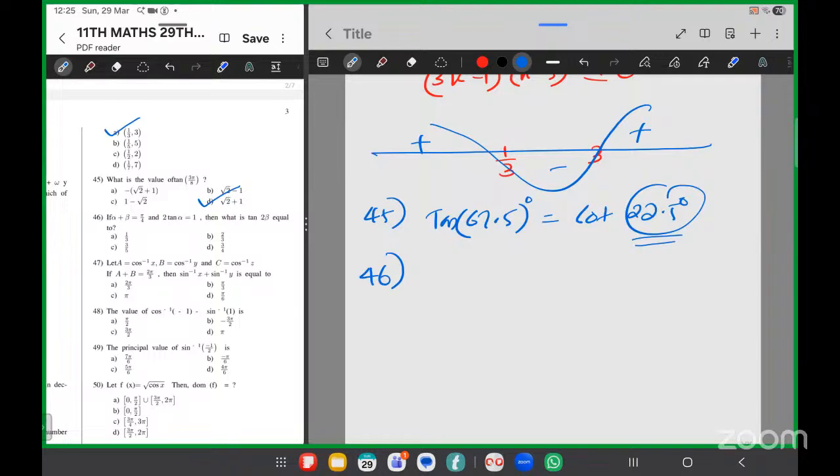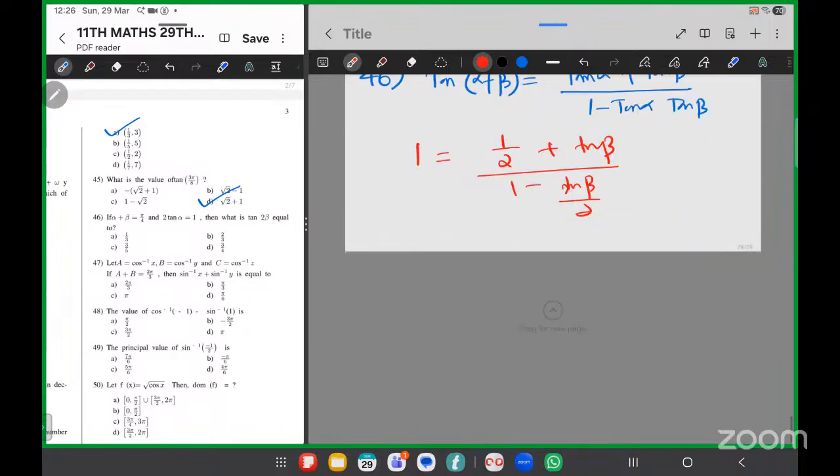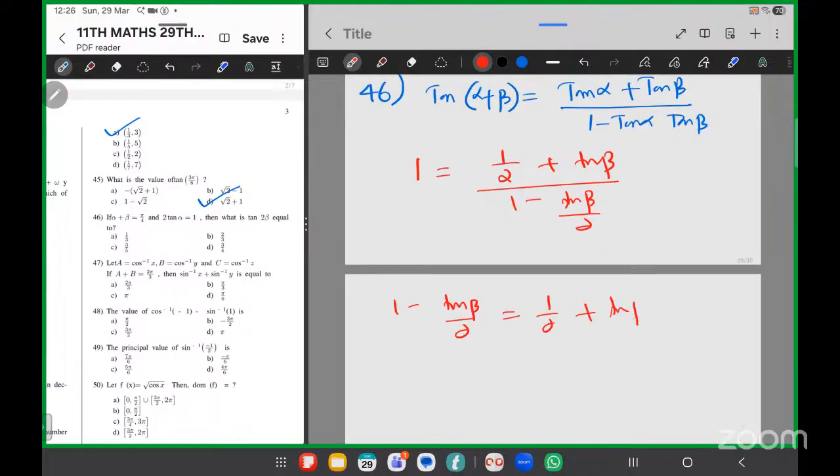Tan of alpha plus beta is (tan alpha plus tan beta) divided by (1 minus tan alpha tan beta), so 1 equals (1 by 2 plus tan beta) divided by (1 minus 1 by 2 tan beta). 1 minus 1 by 2 tan beta... so 1 by 2 plus 1 by 2 tan beta... that is 3 by 2 tan beta equal to 1 by 2. So tan beta equal to 1 by 3. The question is not tan beta, but tan 2 beta.